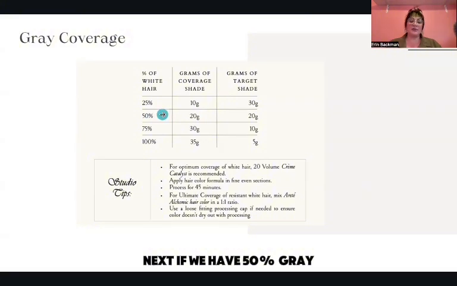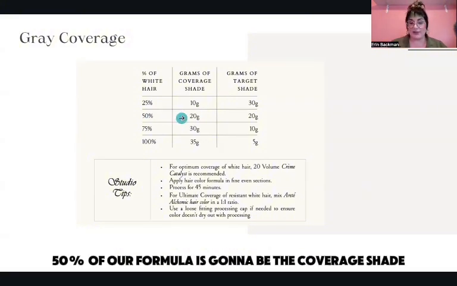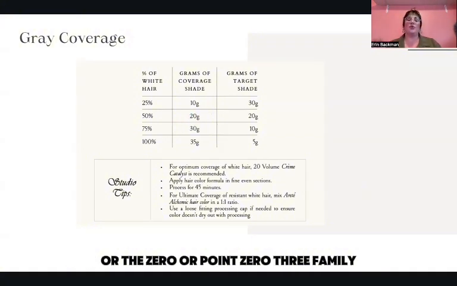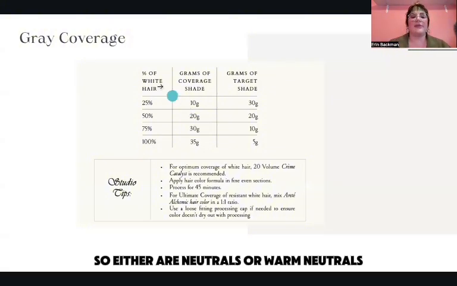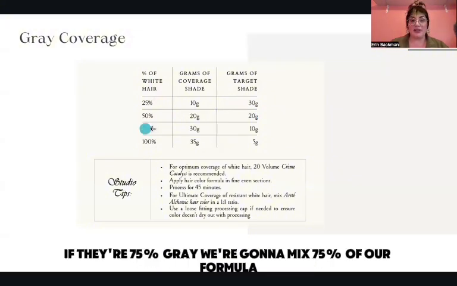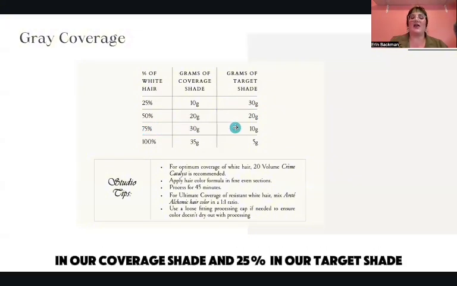Next, if we have 50% gray, we're going to mix 50% of our formula. It's going to be the coverage shade. And again, that's going to be from the 0 family or the 0.03 family. So either our neutrals or our warm neutrals. We're going to mix half of that and then half of our target. If they're 75% gray, we're going to mix 75% of our formula in our coverage shade and 25% in our target shade.